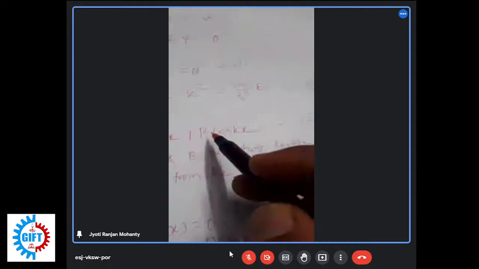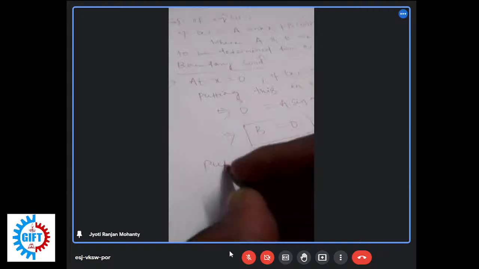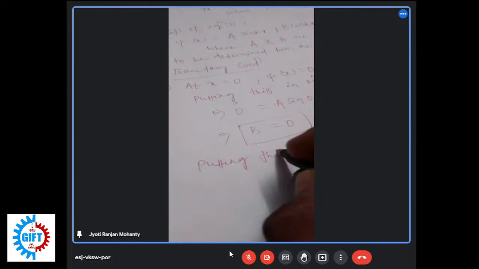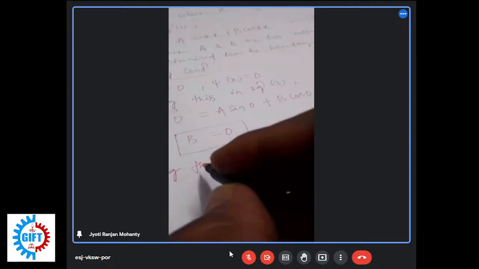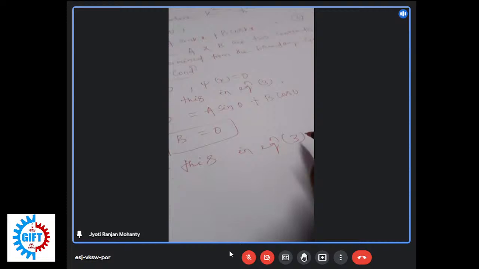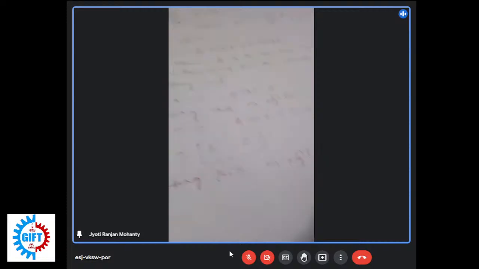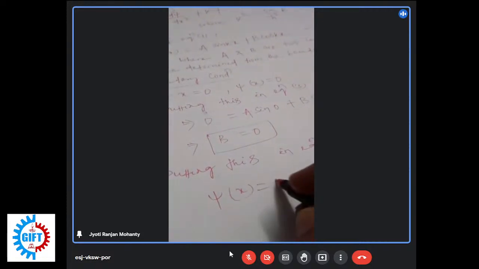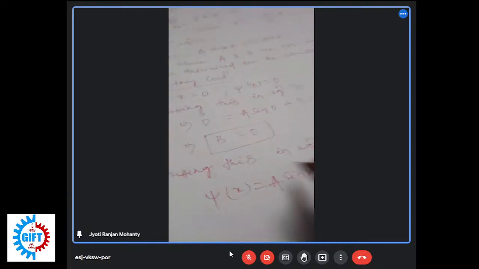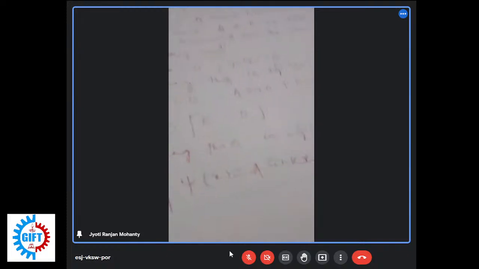So if b is equal to 0, putting this in equation 3, we have psi x is equal to a sin kx.